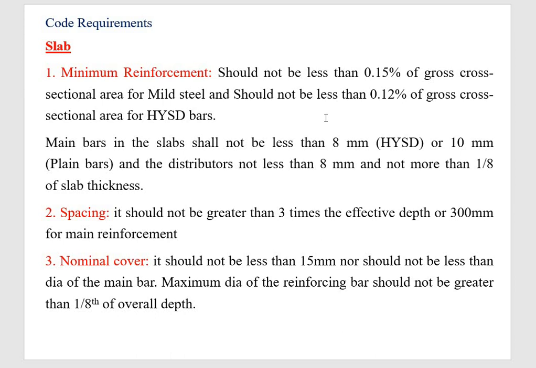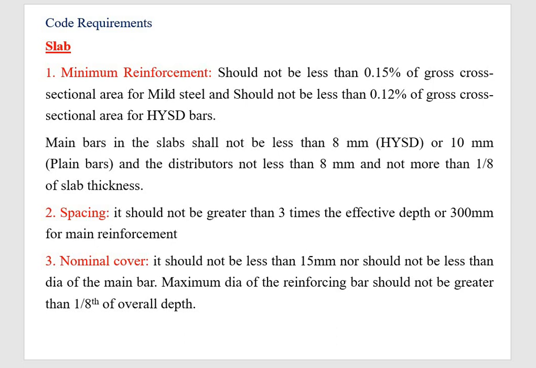Minimum reinforcement should not be less than 0.15% of gross cross-sectional area for mild steel, and should not be less than 0.12% of gross cross-sectional area for HYSD bars. So keep it in mind, we have two different types of material properties here, one is for mild steel, one is for HYSD bars.